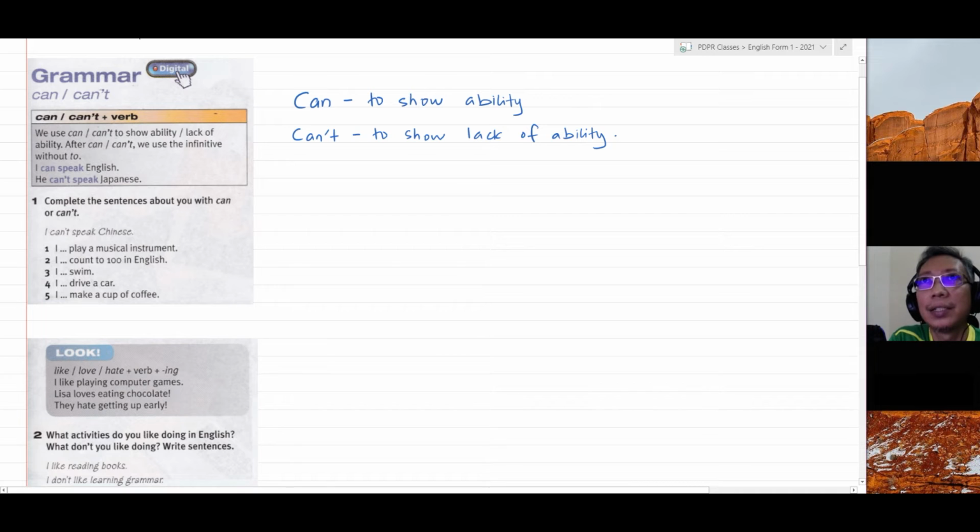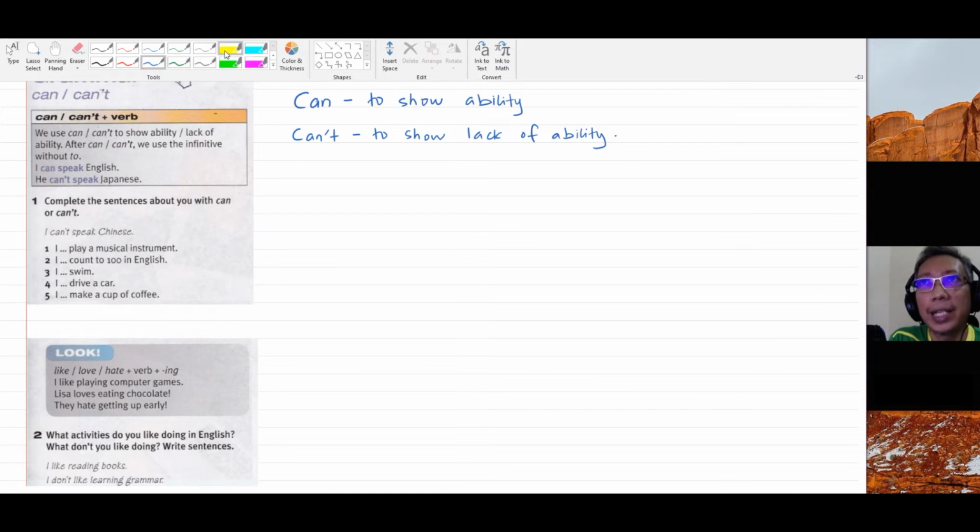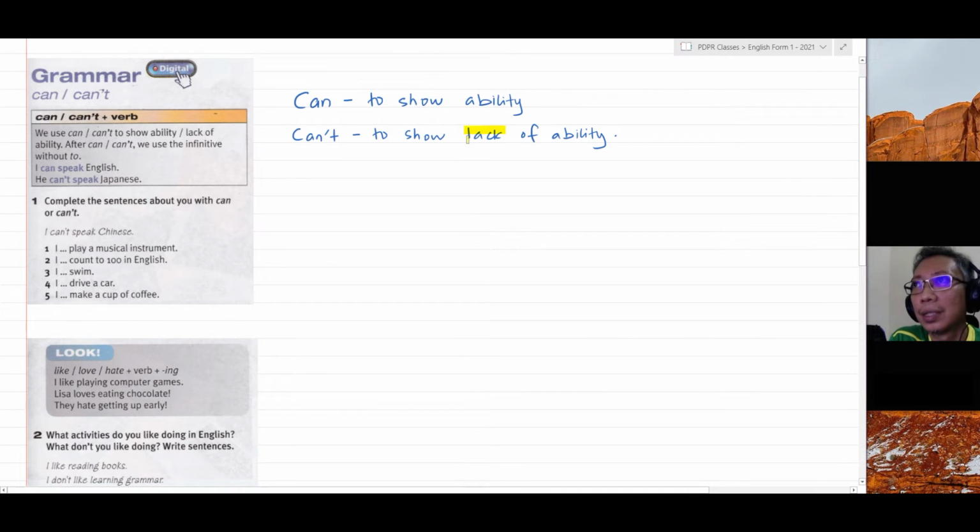What is lack? Lack in bahasa Melayu means ketidakmampuan, ketidakupayaan. Can to show ability, meaning boleh. Can't to show lack of ability, meaning tak boleh.